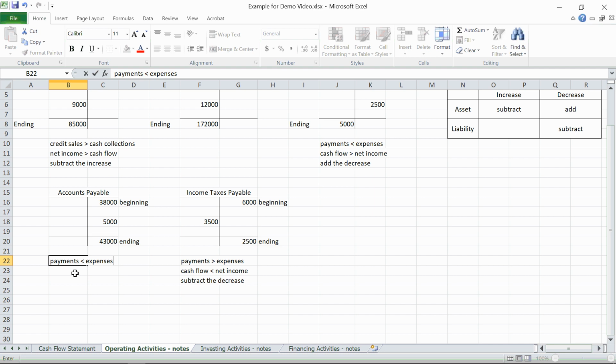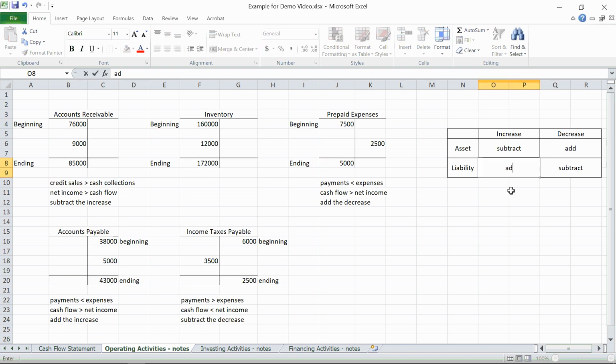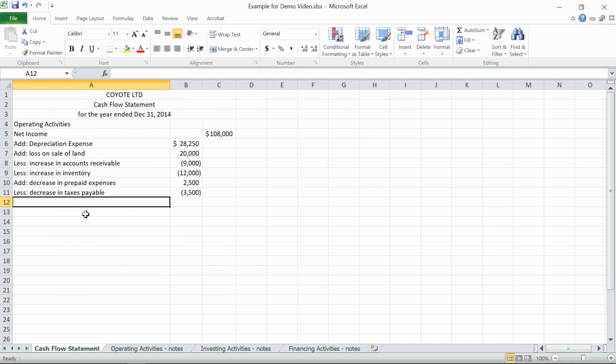And so, therefore, our cash flow would be greater than net income. And so we're going to add that increase. And we'll put that into our little cheat chart. And I'll come back here and say add increase in accounts payable.